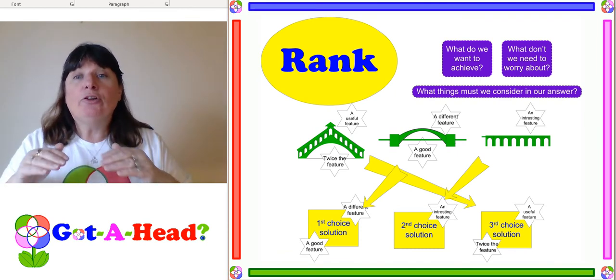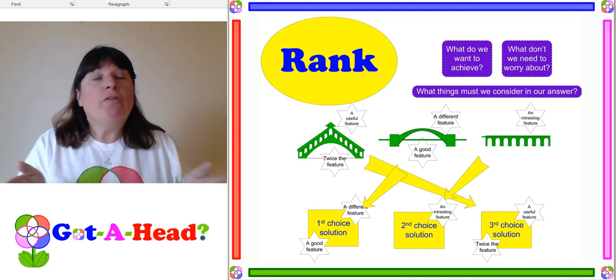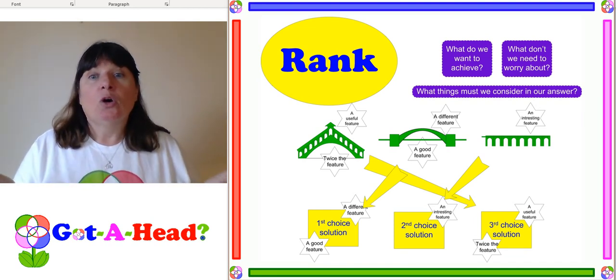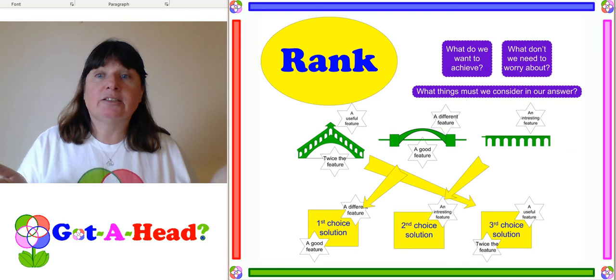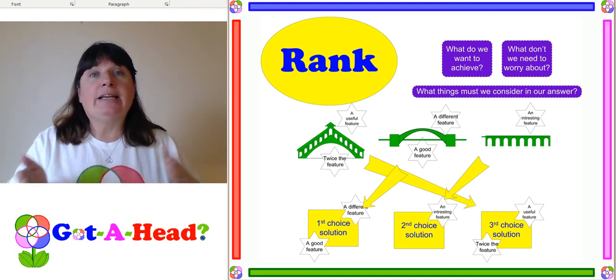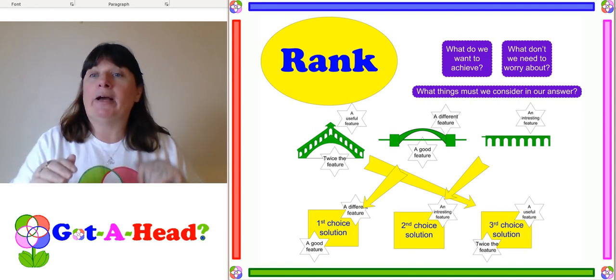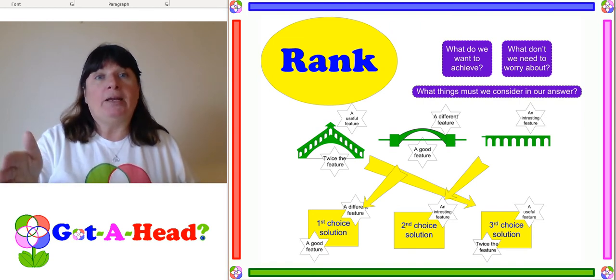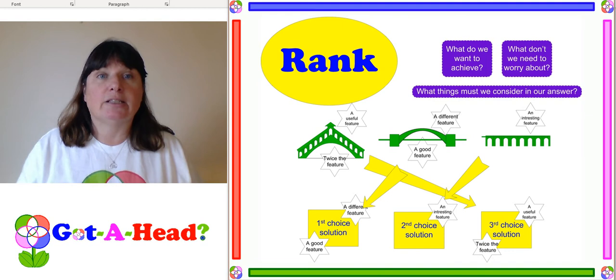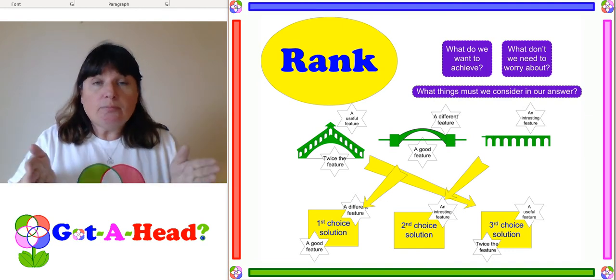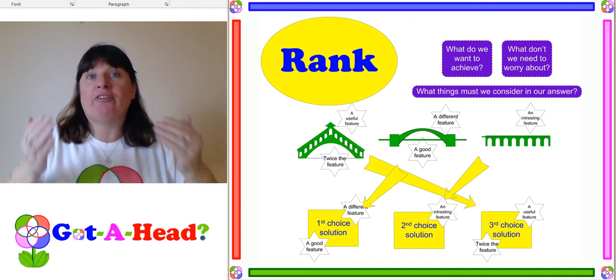So if you look at the example here, we've got 3 different bridges. We've got the Rialto Bridge in Venice, we've got the Sydney Harbour Bridge, or it could be the Tyne Bridge, or it could simply be the Digswell Viaduct that's local to us. Each of those has different features.